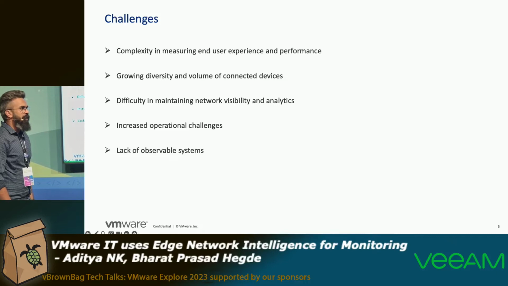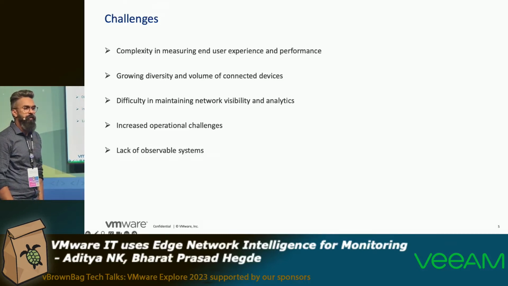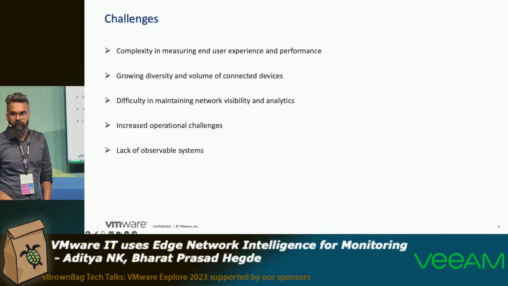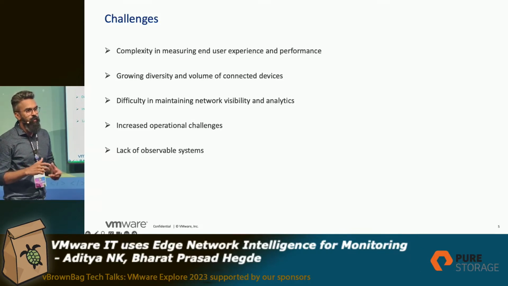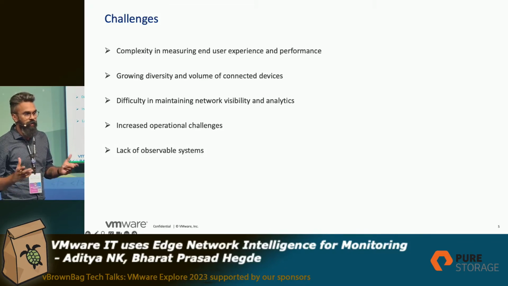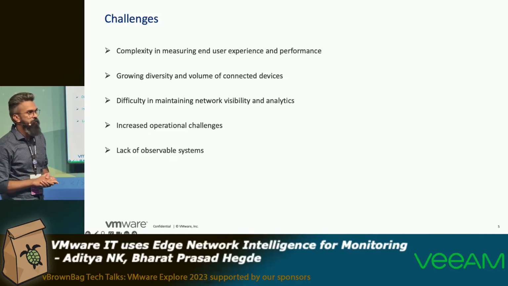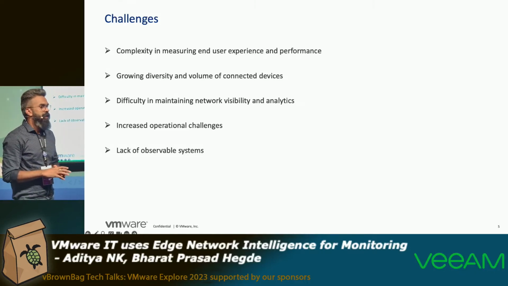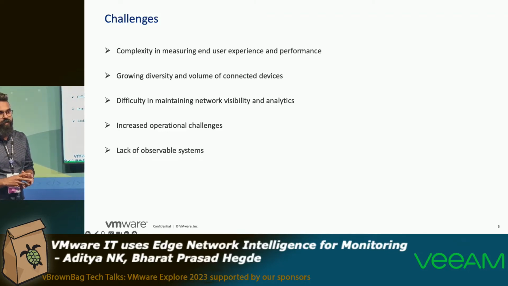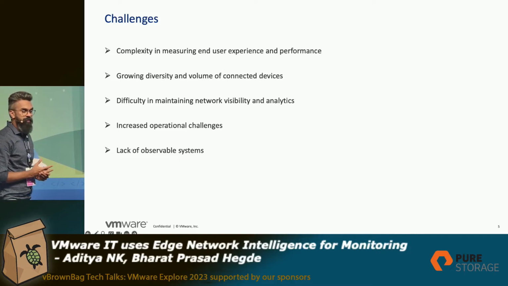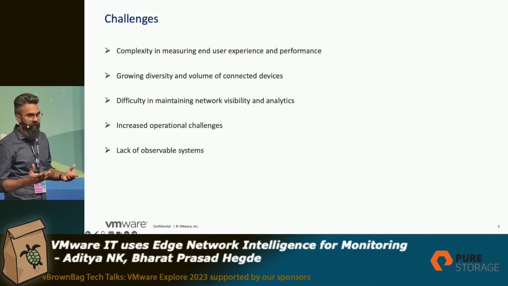So today, enterprise infrastructure is becoming more complex than ever, especially at the edge side. The network processes a huge volume of data and a wide range of application sources, networks and devices as well. And not having the right product to assess the end-to-end connectivity, it is always an operational challenge for IT to identify and fix the problem. And of course, the lack of observable systems adds other challenges as well.